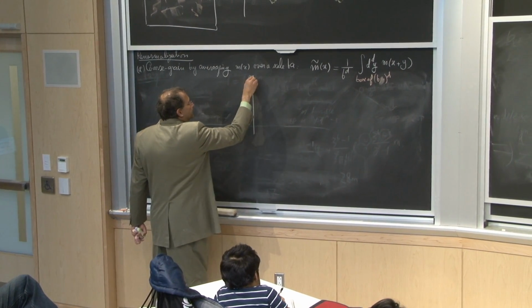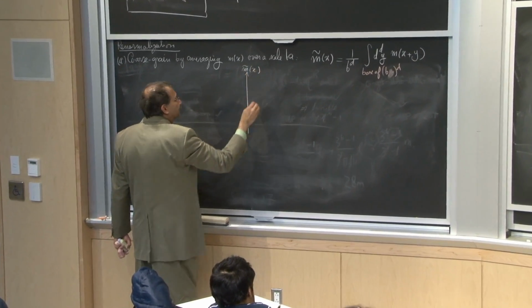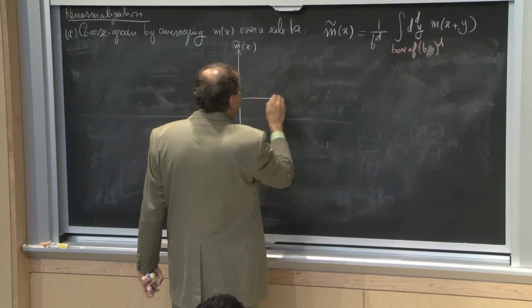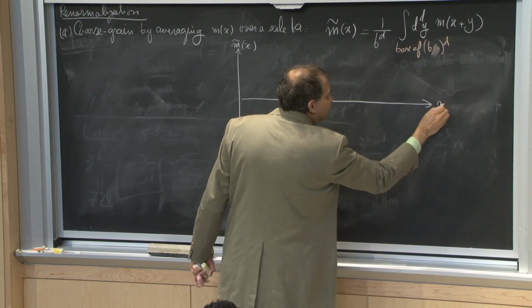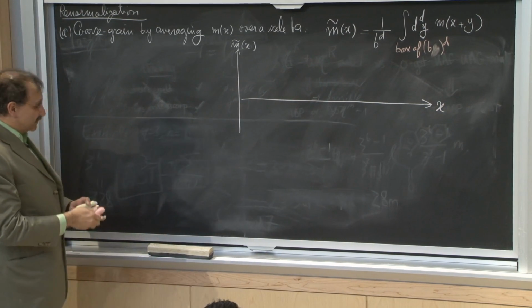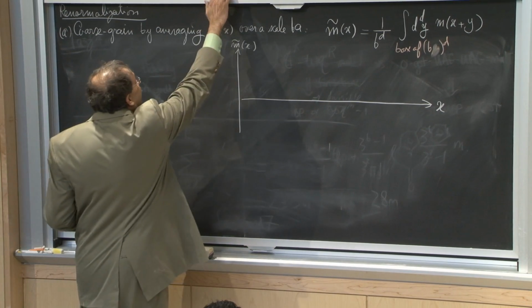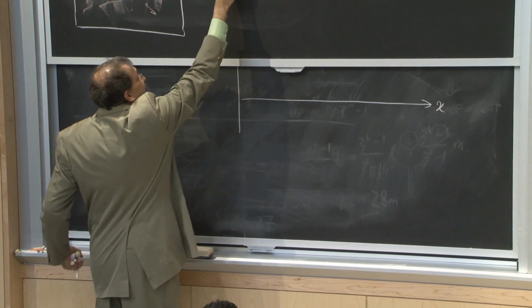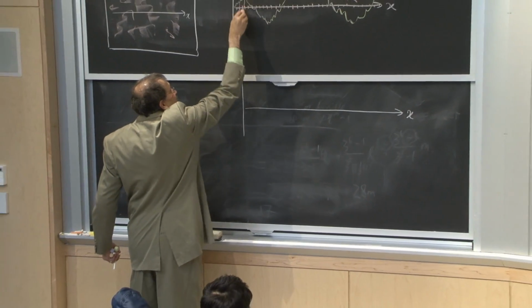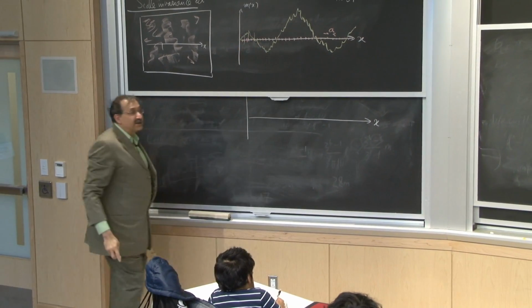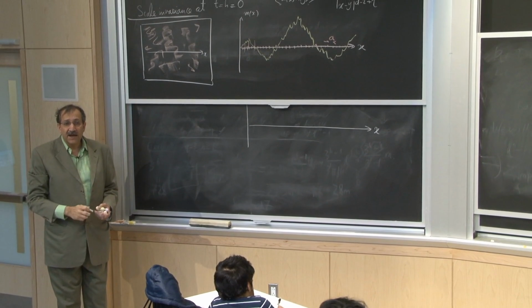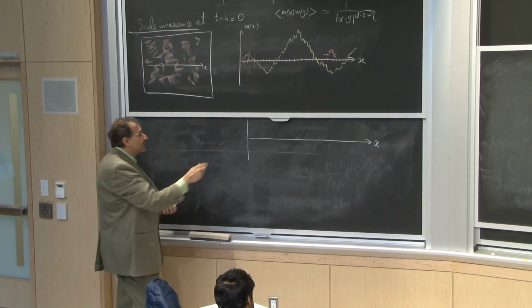I will get an m tilde as a function of x, and essentially, let's say if I were to choose a factor of B that was like 2, I would take the average of the fluctuations that I have over 2 of those intervals.